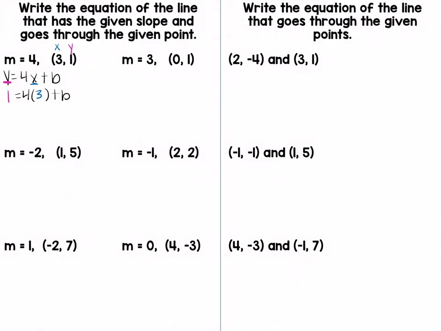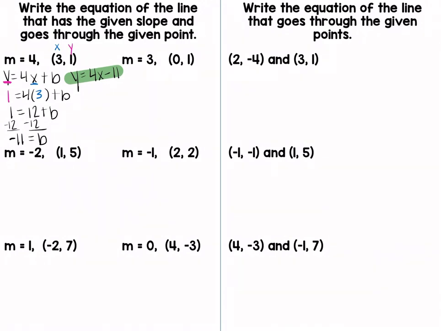And now we're just solving for b. So 1 is equal to 4 times 3 is 12 plus b, so I'm going to subtract 12 on both sides. So b is equal to negative 11. Once we have that, we just write the equation. So the equation is y equals 4x minus 11. That is our answer.